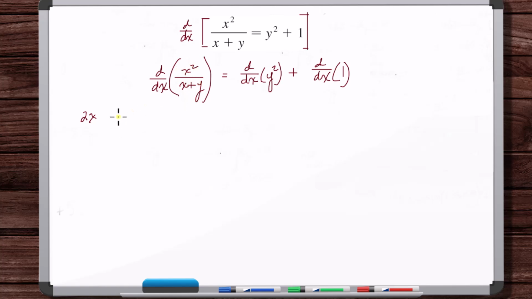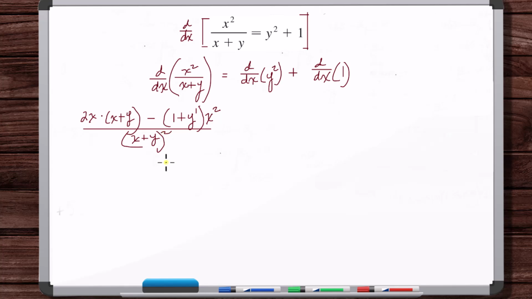At the end of the day, this is just a function of x over another function of x. So the derivative of the top, 2x, times the bottom, minus the derivative of the bottom, the derivative of all of this. The derivative with respect to x of x is 1 plus y prime, that's dy dx. The derivative of the bottom times the top, all over the bottom squared.